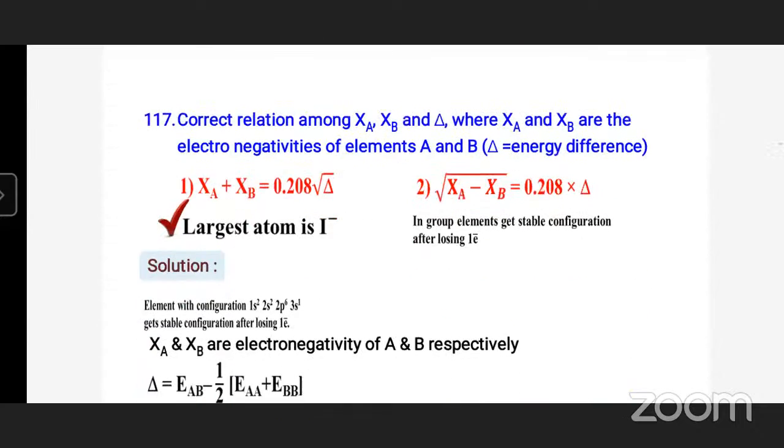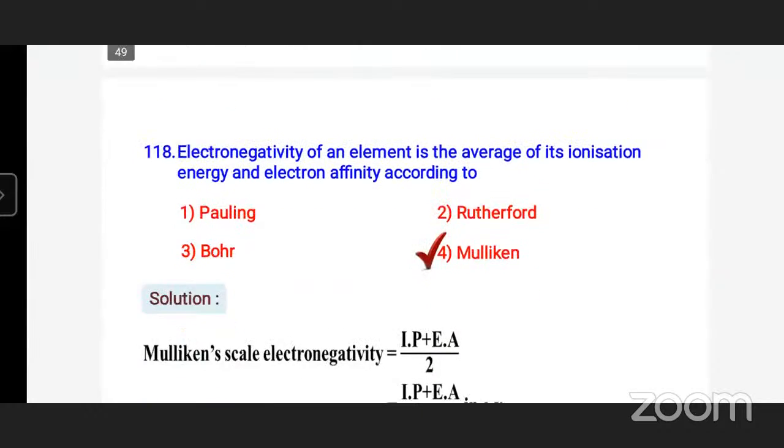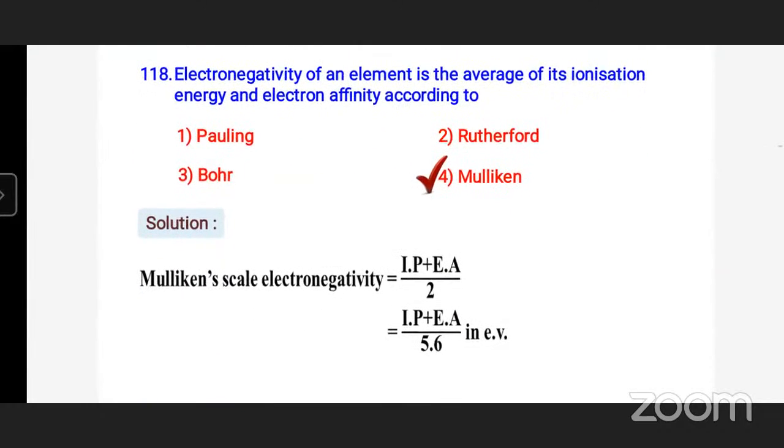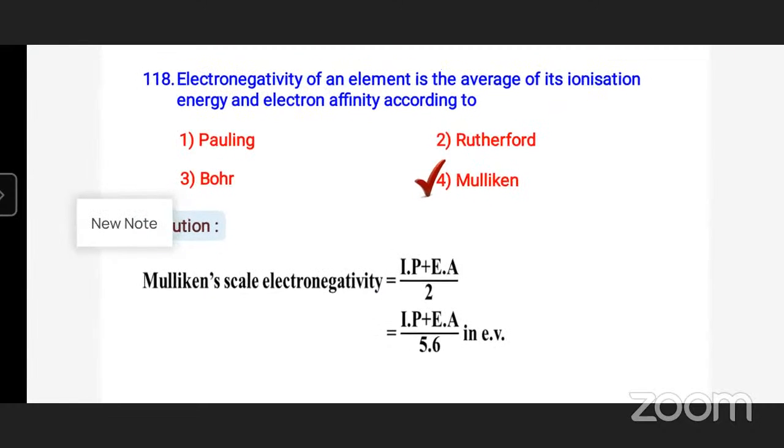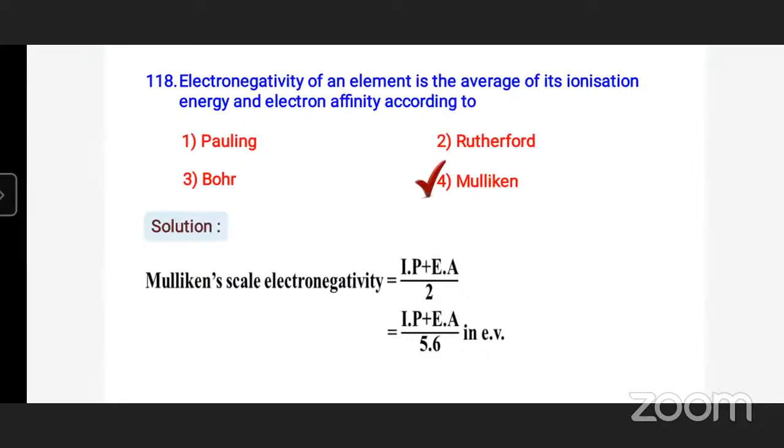Then next: the electronegativity of an element is the average of its ionization energy and electron affinity, according to the Mulliken scale. Mulliken indicated the electronegativity of an element is the average of its ionization energy and electron affinity.